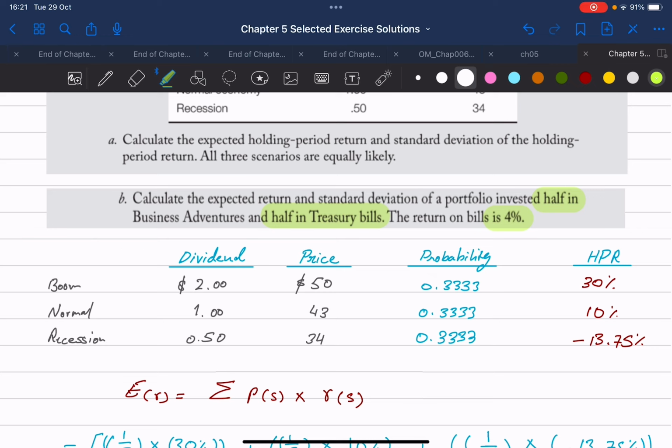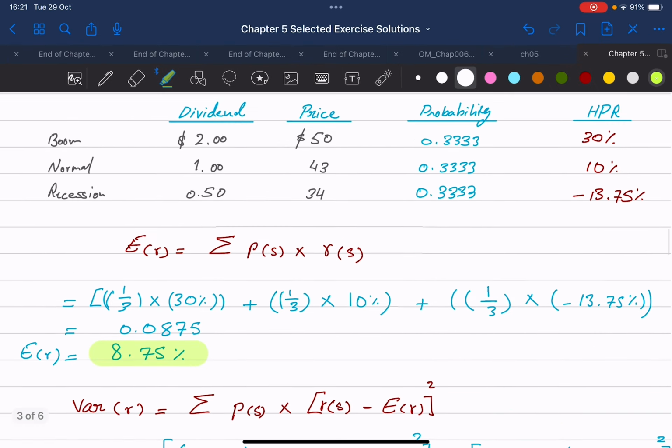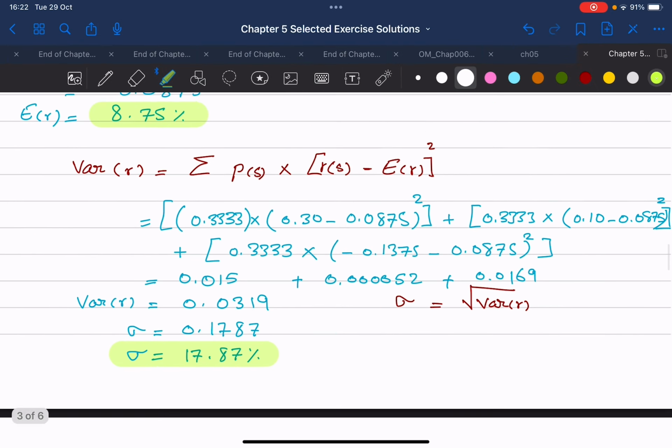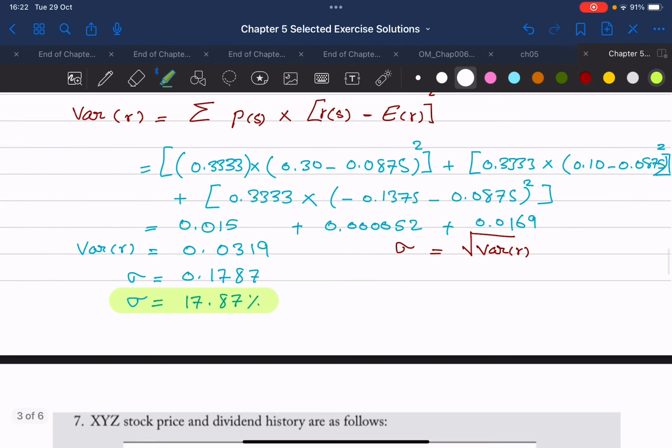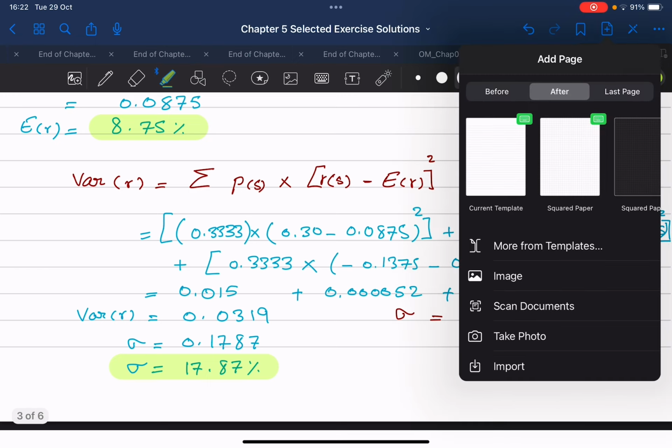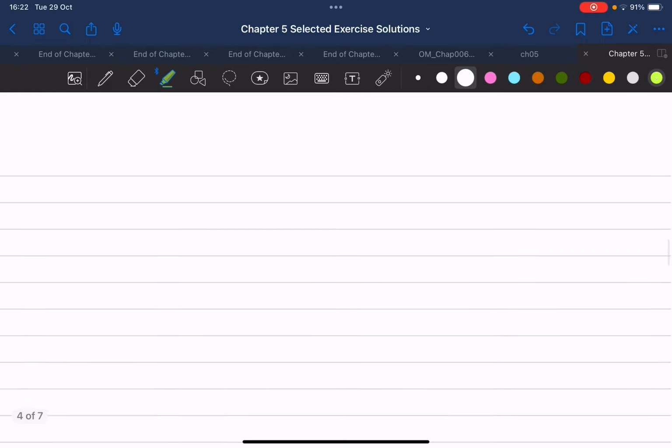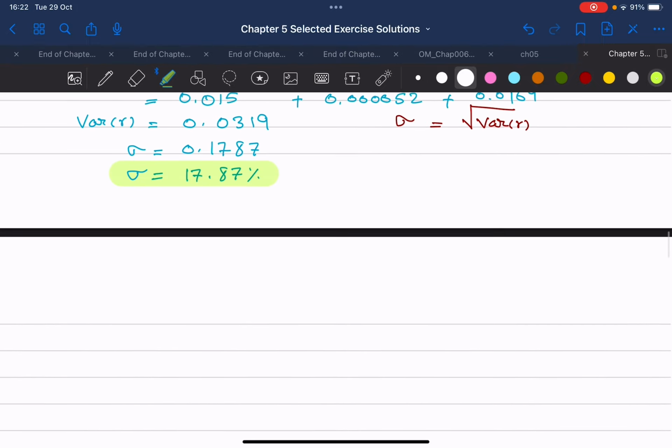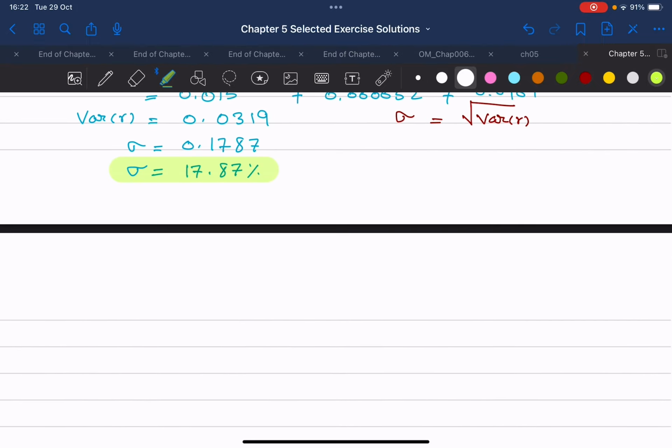So now we're going to assume that instead of investing all of our portfolio into this specific stock, we're going to create a portfolio that is 50% this stock and 50% treasury bill. So how would that affect our expected returns and our standard deviation? So let's see.